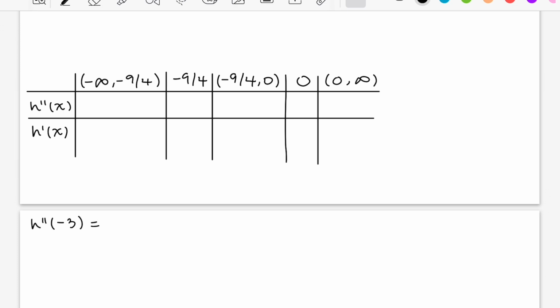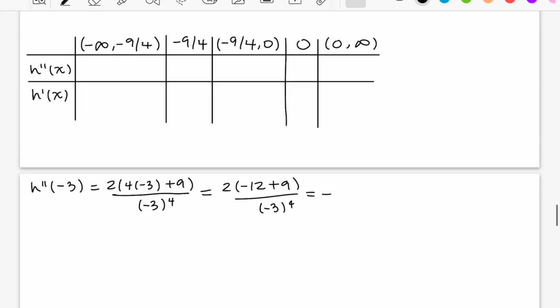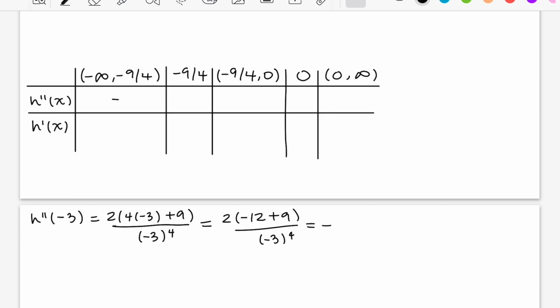So first we'll look at negative 3. All right, so we'll get a negative number here. So over this interval, our function is going to be concave down.